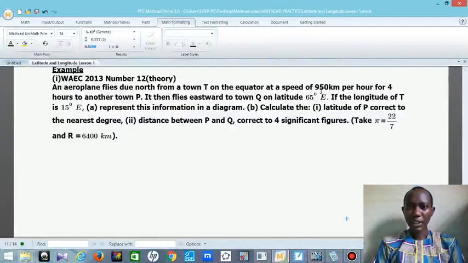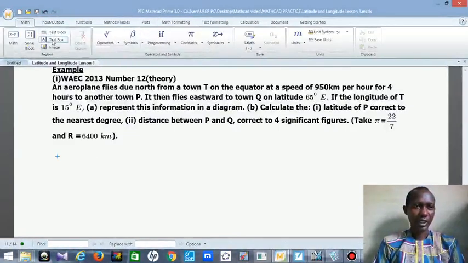For this speed, 950 kilometers per hour, for 4 hours to another town P. With this speed that is given and this time of 4 hours, let's get the distance between T and P. Let's start with that first.